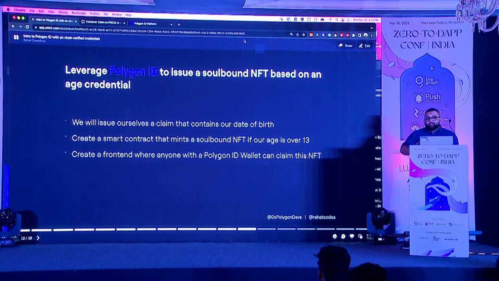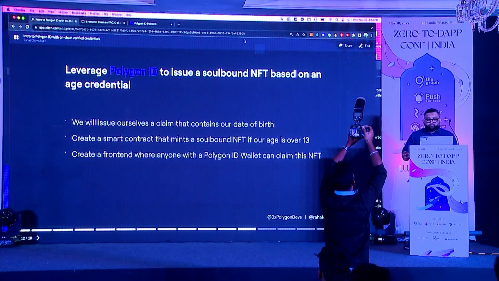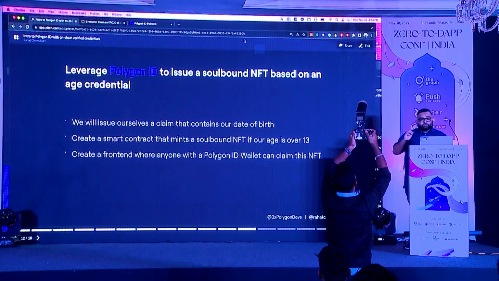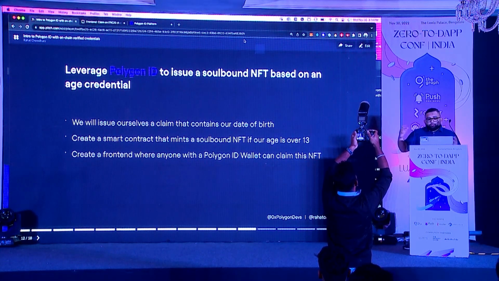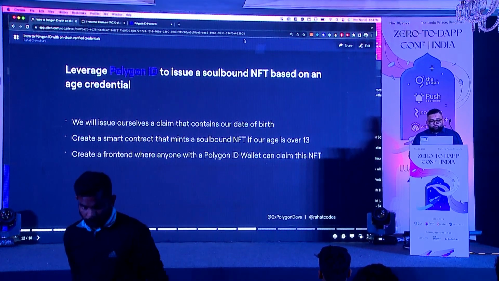We can leverage Polygon ID to issue a soul-bound NFT based on a specific age credential. So what we're going to do today is issue ourselves a claim that contains our date of birth. We're going to create a smart contract that mints a soul-bound NFT as long as our age is over 13. And we're going to create a front end where anyone with a Polygon ID wallet can claim this NFT.